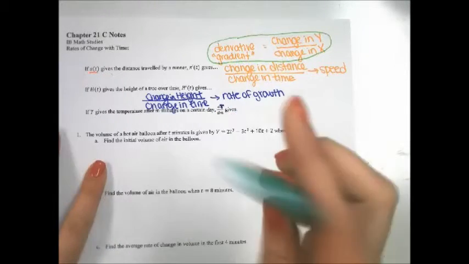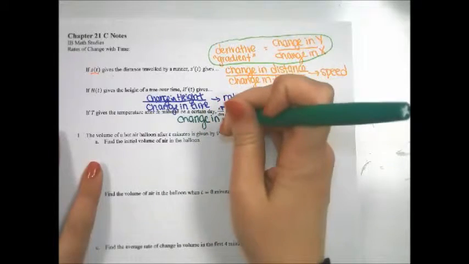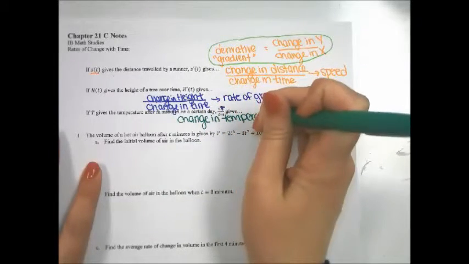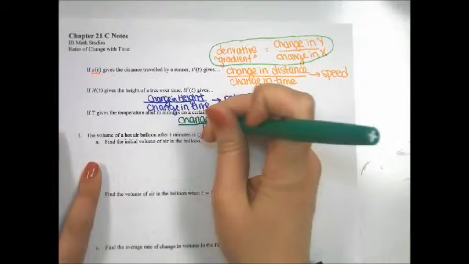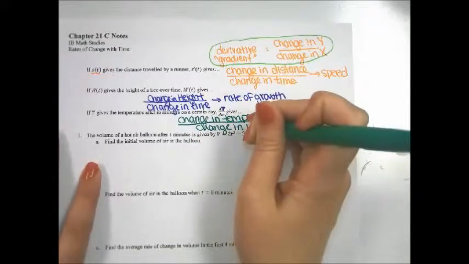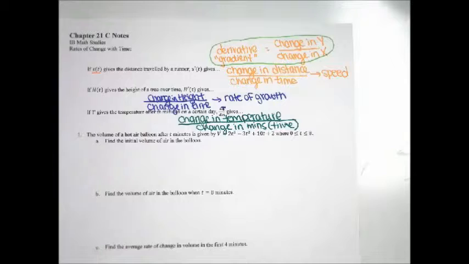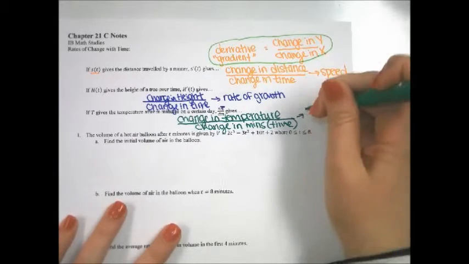So it's our change in t, so it's the change in temperature, which is our y value, change in temperature over change in minutes, or time. So it's how fast is the temperature increasing or decreasing.